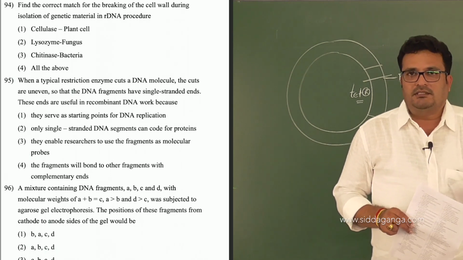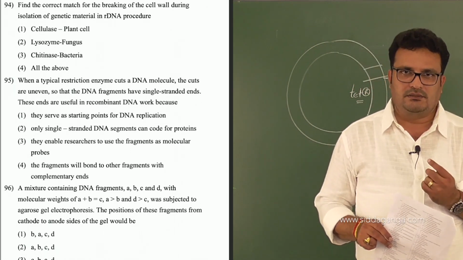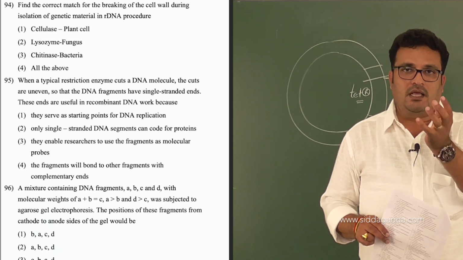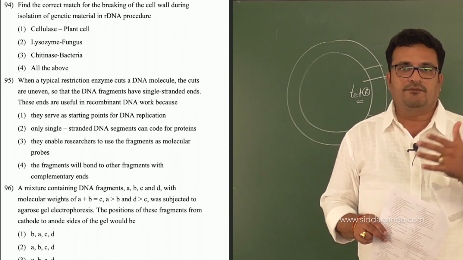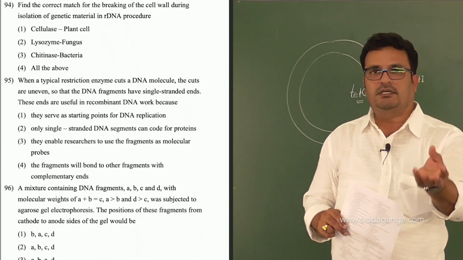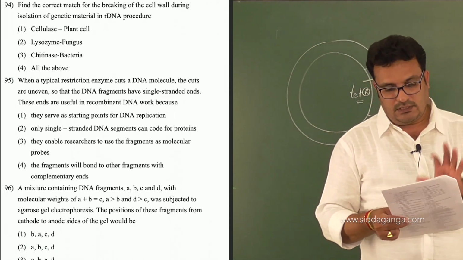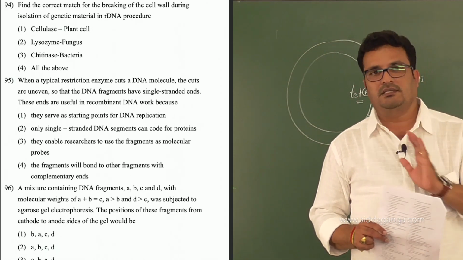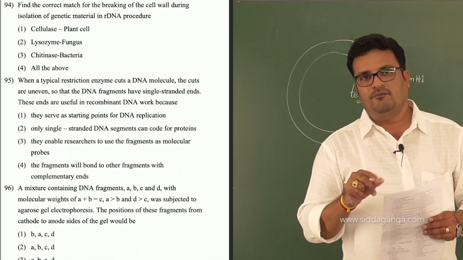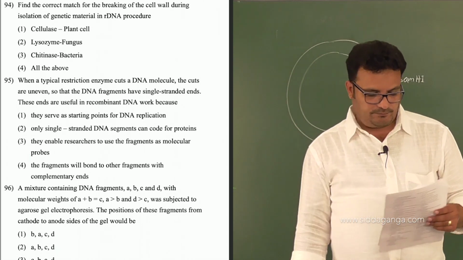To open the fungal cell wall, we need chitinase. To open the bacterial cell wall, we need lysozyme. I told you different enzymes are used to open the cell wall of different cells. So based on that, the only answer is cellulase for plant cell. If lysozyme is given for fungus, that is wrong. Lysozyme for bacteria and chitinase for fungus.